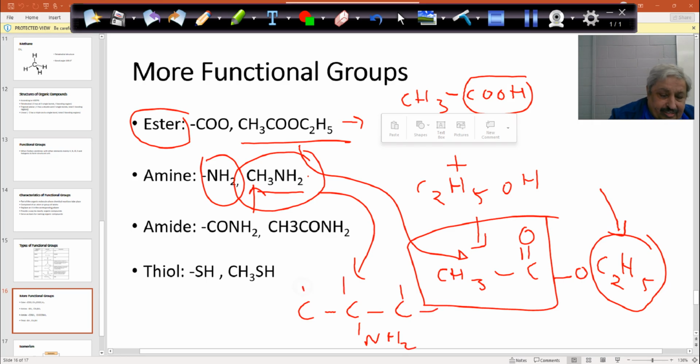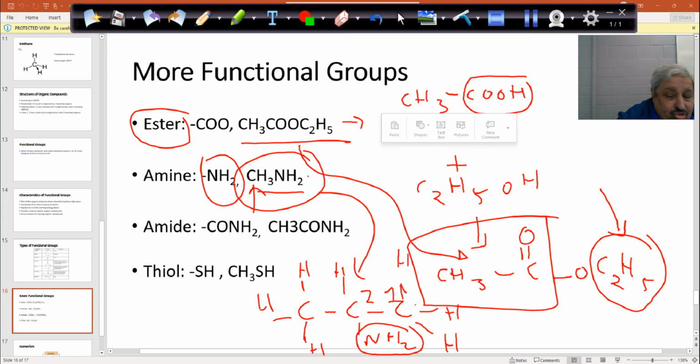The rest is just hydrogen. You will always use the least numbering, that's your goal. I say this is 1, this is 2, or I can go from left to right or right to left. So this is now 2-aminopropane: three carbons, and all the rest is hydrogen.